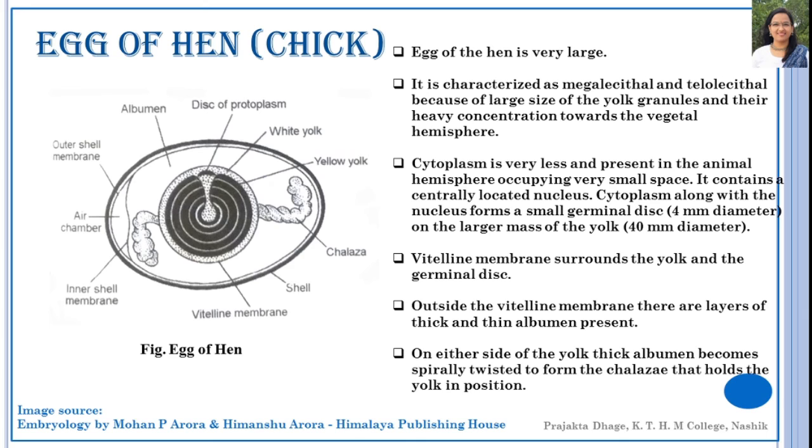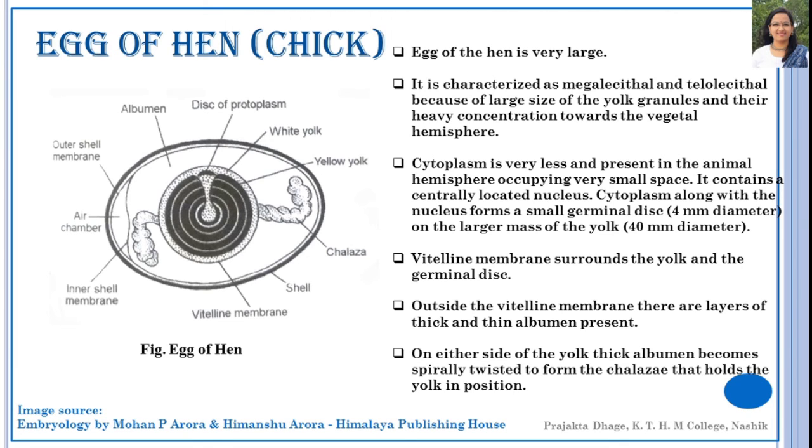The vitelline membrane surrounds the yolk and the germinal disc. Outside the vitelline membrane there are layers of thick and thin albumin. The chalazae that you see over here are part of the yolk itself, and they hold the yolk ball in position.